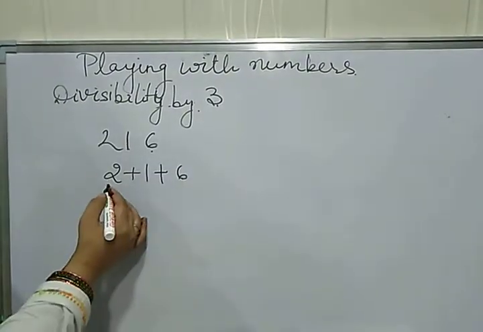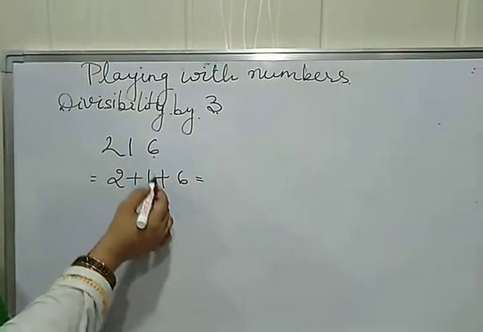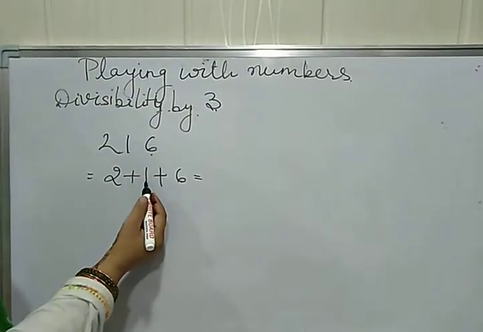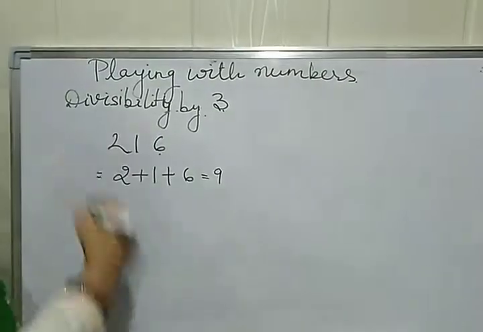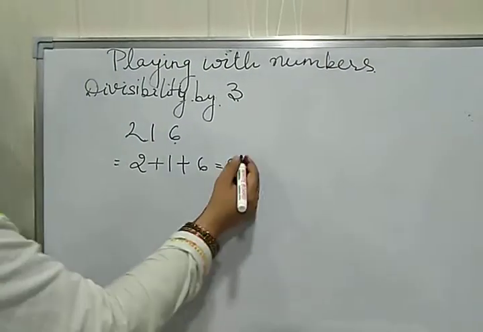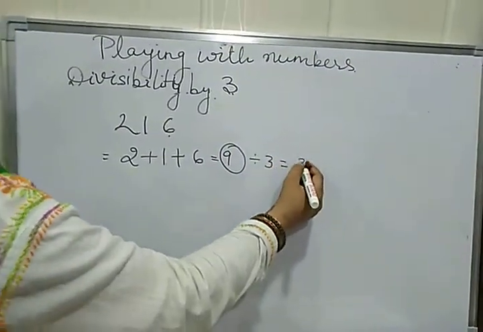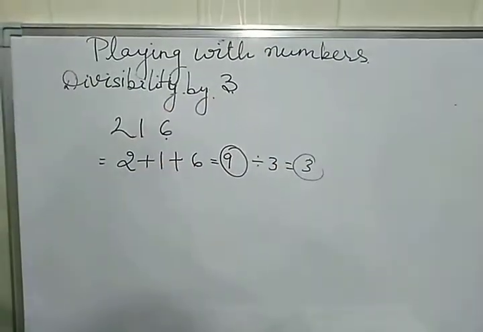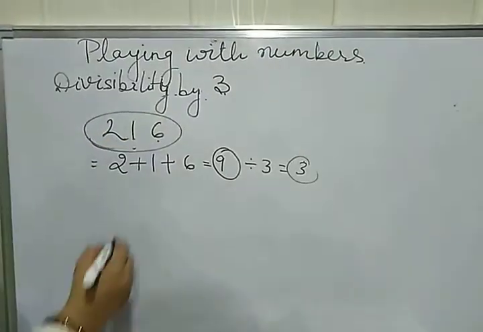The sum of the digits we will find out for the divisibility of 3. 2 plus 1 is 3, and 3 plus 6 is 9. So if their sum is divisible by 3, the whole number will be divisible by 3.